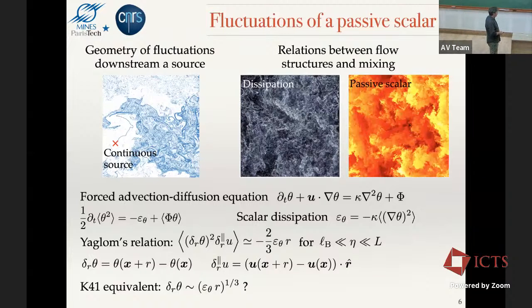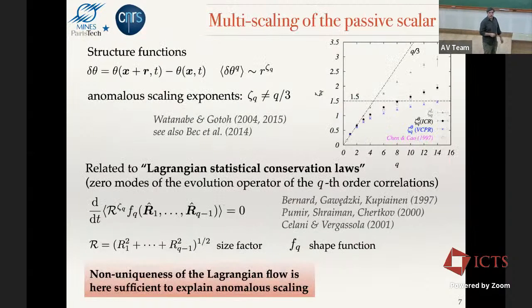Now, like in the case of the velocity field, of course it's not that simple. If you look at structure functions of any order, they again have anomalous scaling exponents, which are not those obtained by the phenomenological arguments. They are shown on this picture as a function of order.